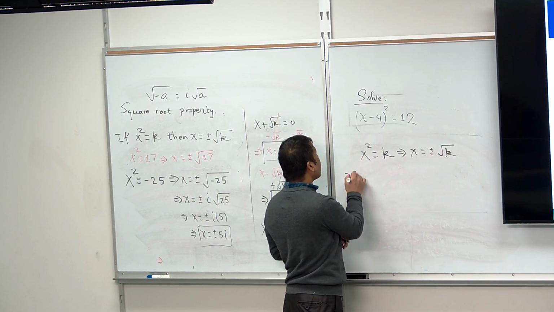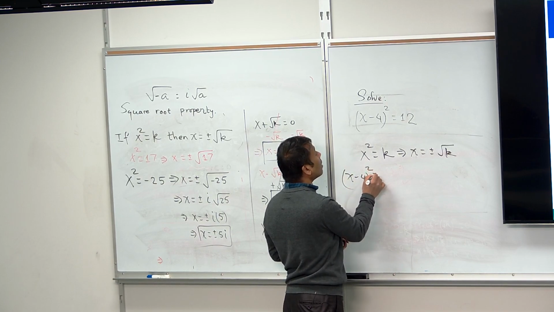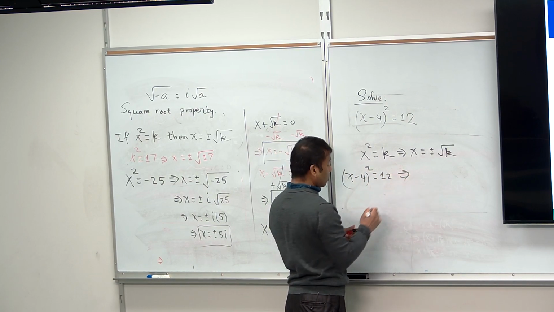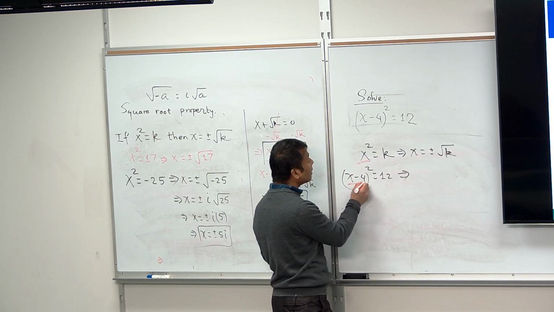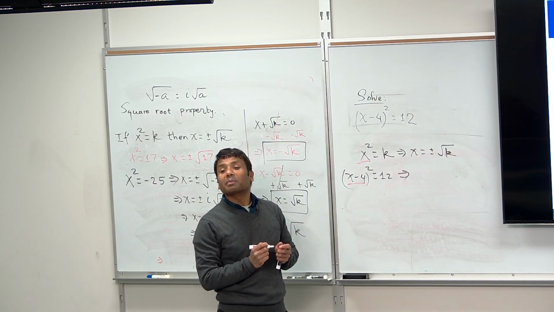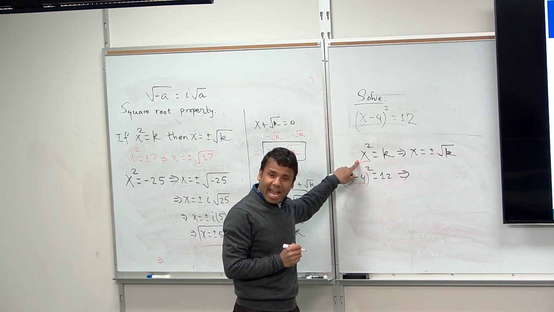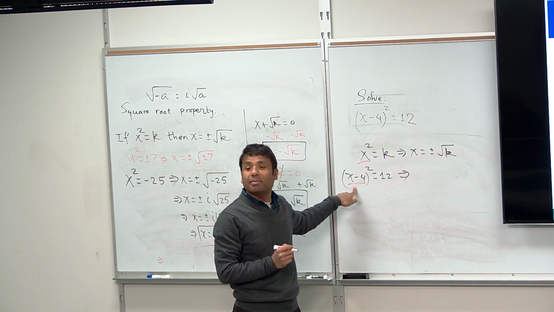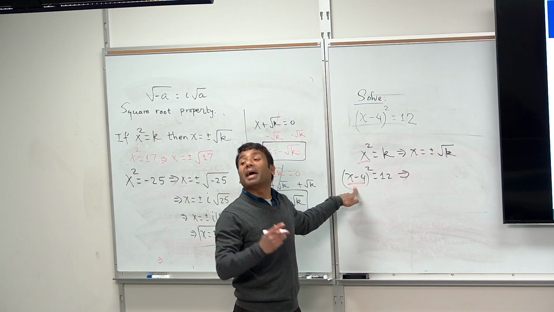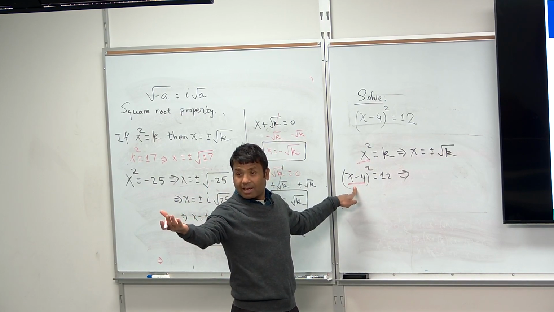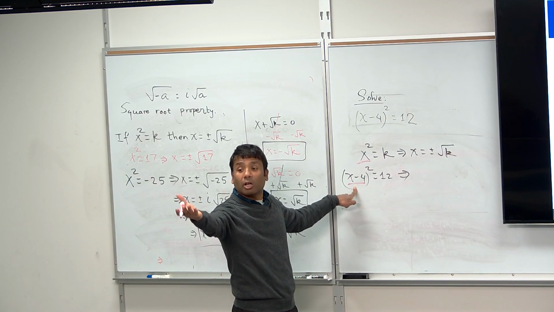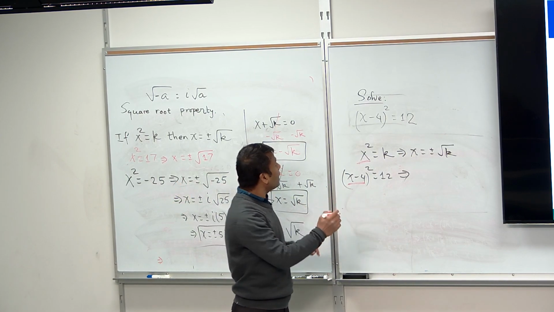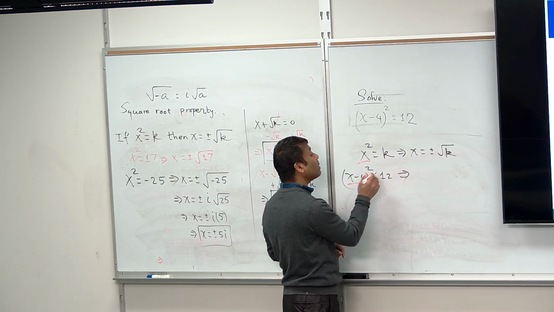Now what do you have here? You have (x - 4)² = 12. So you just compare: in place of x, what do you have? In place of x, you have x - 4.